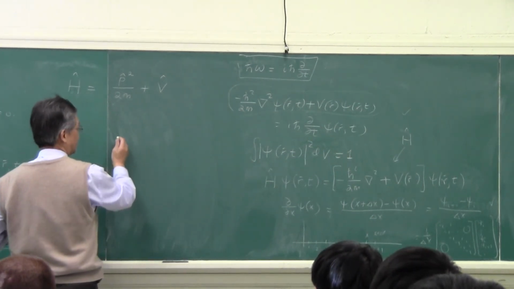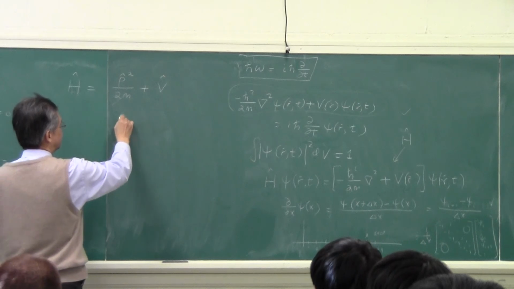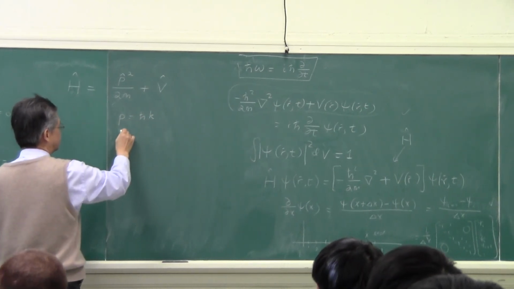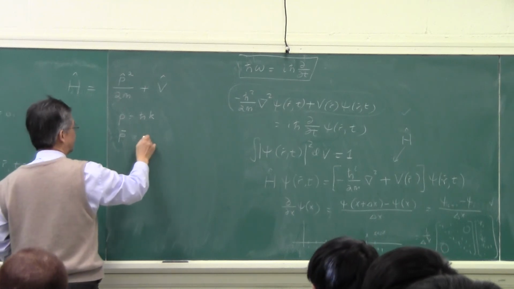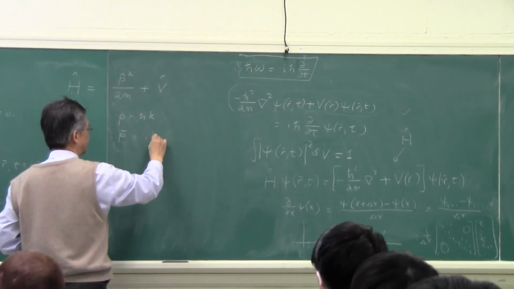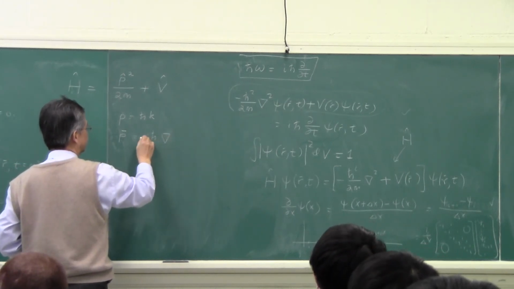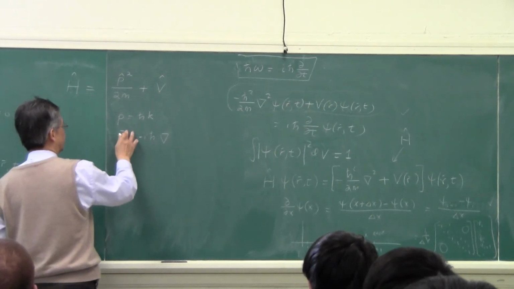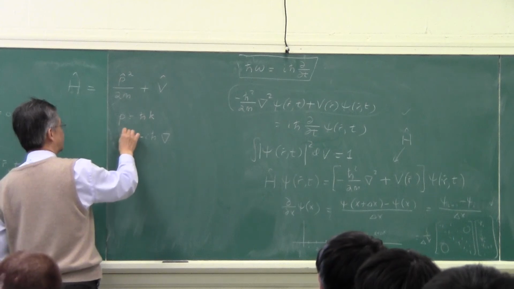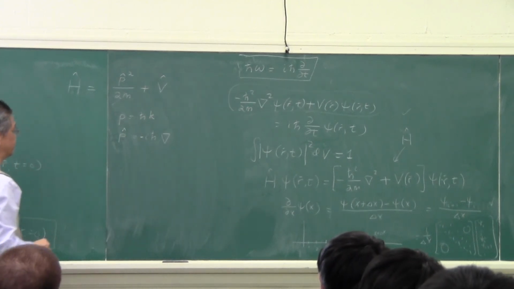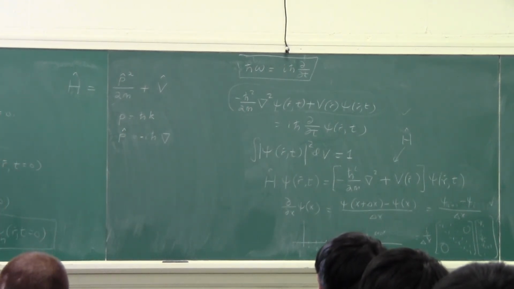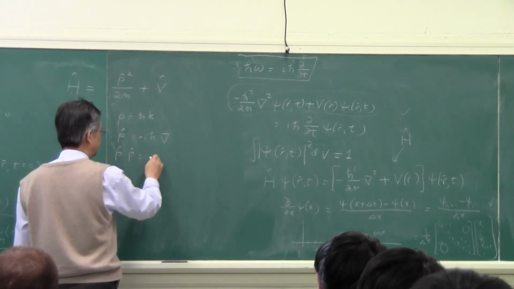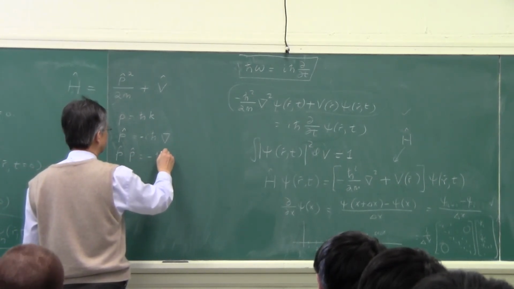And as we have learned before, p is equal to h bar k. So in general, a vector p is minus i h bar del. So in general, an operator p hat is given by minus i h bar del, and then if you have p hat dot p hat, it will be equal to minus h.